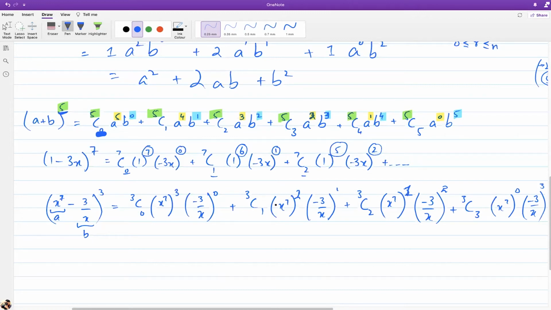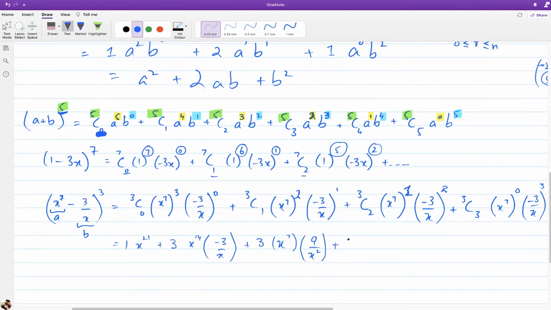So you will then obviously use some algebra. 3c0, you get the value. So this is going to become x to the power 21, plus 3c1 is 3, x to the power 14 times minus 3 over x, plus 3c2 is 3 again, x to the power 7, because that's power 1 here, into 9 over x squared. Remember that this is minus 3, so minus 3 squared is 9.